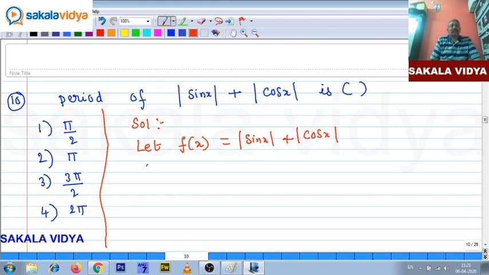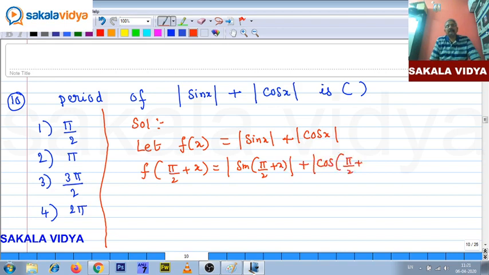Consider pi by 2 plus x. So mod of sin of pi by 2 plus x plus mod of cos of pi by 2 plus x. Sin 90 plus theta is cos theta, so you get mod cos x. Cos is negative, but mod of sin x is always taken positive, so you get mod of cos x plus mod of sin x.